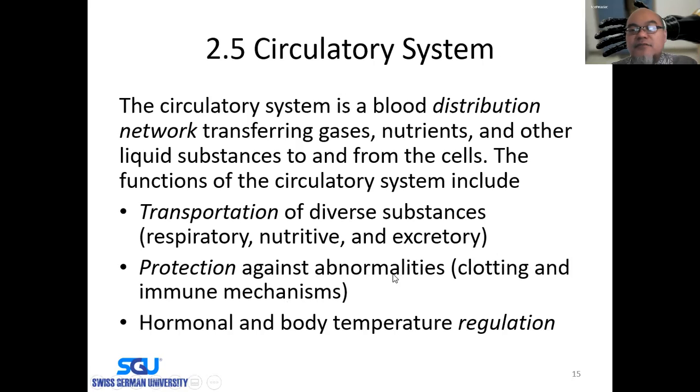So our immune system also depends on the circulatory system. Also hormonal and body temperature regulation, where hormones are distributed from the corresponding gland to the appropriate organ to regulate its function.